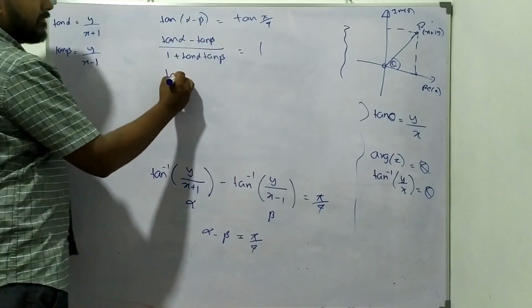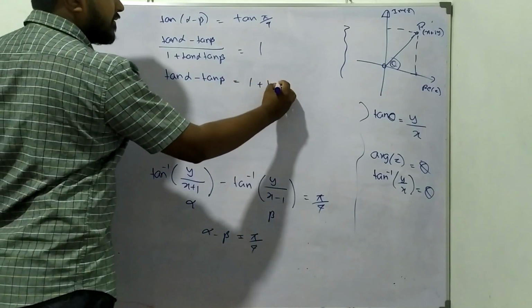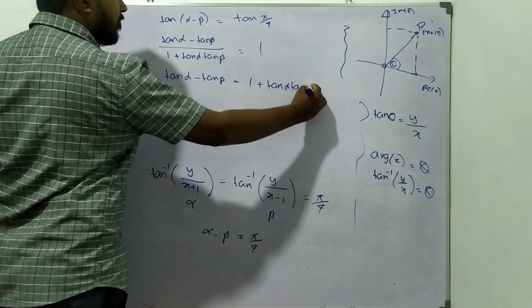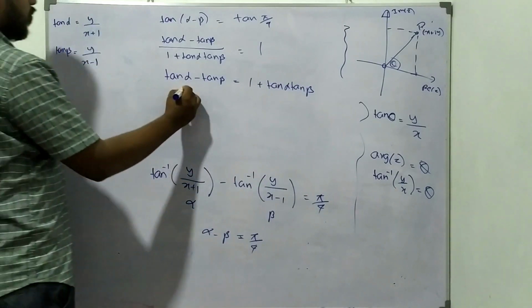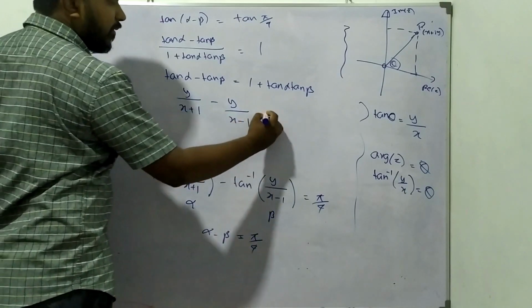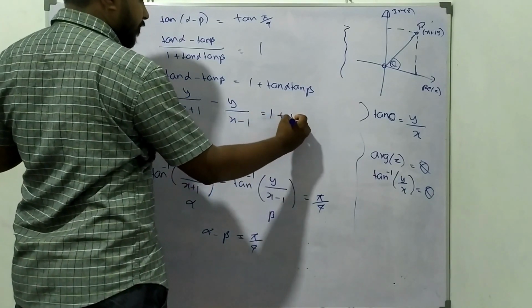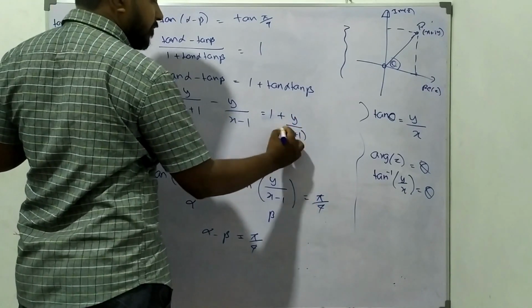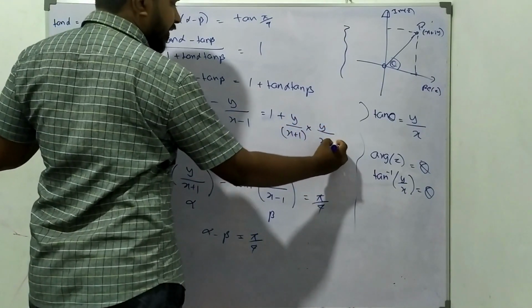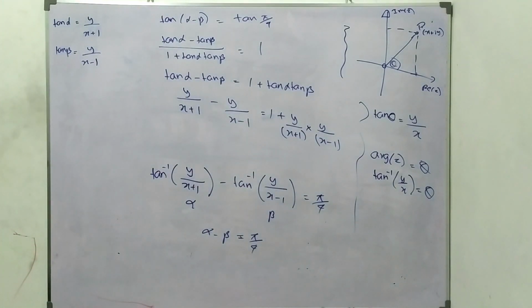So then tan alpha minus tan beta becomes 1 plus tan alpha tan beta. Tan alpha means y over x plus 1, tan beta means y over x minus 1. Right, so now you can simplify it further.